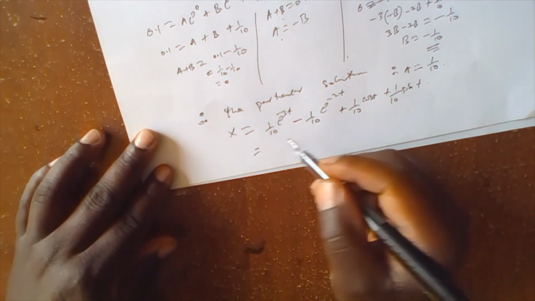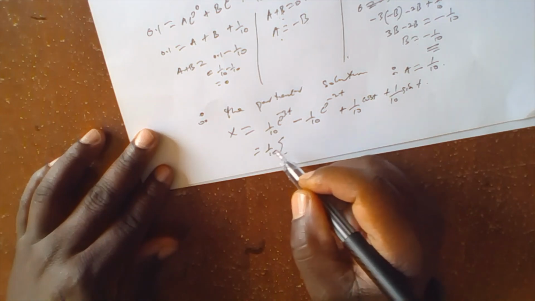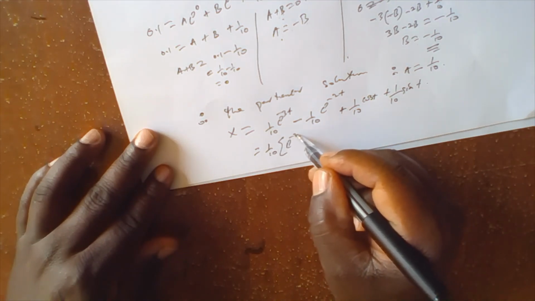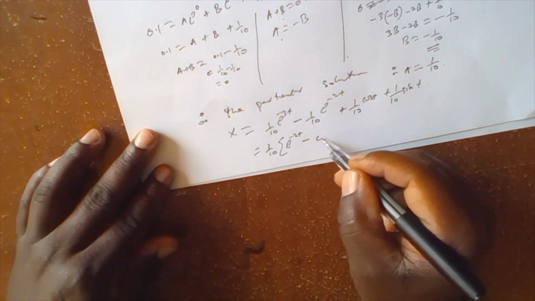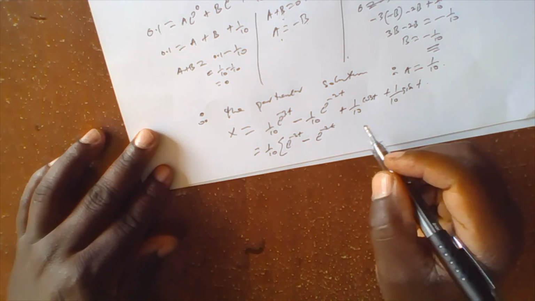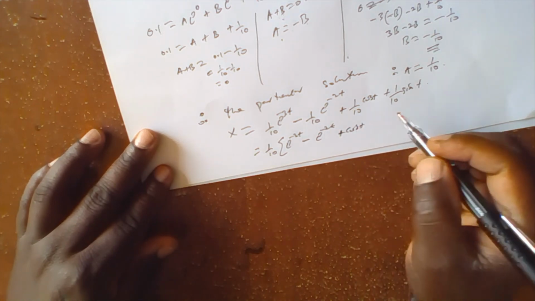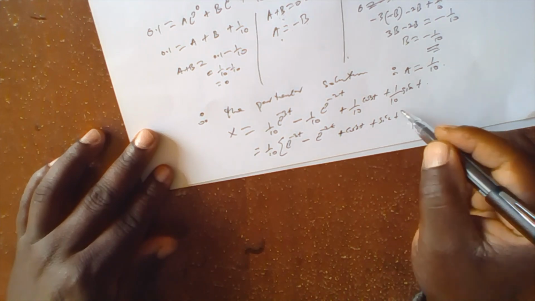Because 1 over 10 is common, we factorize it out. 1 over 10 into exponent minus 3t minus exponent minus 2t plus cos t plus sin t.